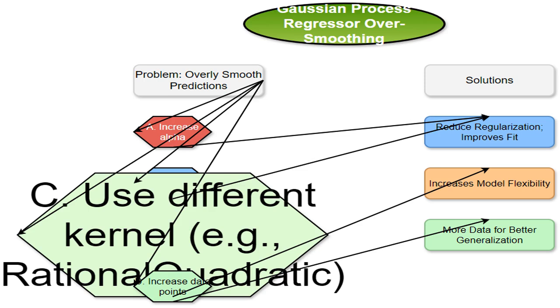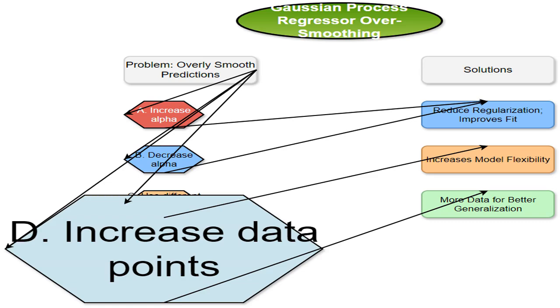I would decrease the alpha hyperparameter. Alpha controls the assumed noise level in your data. A lower alpha means I am assuming less noise, making the model less cautious and allowing it to fit the data more closely, thus potentially reducing oversmoothing.